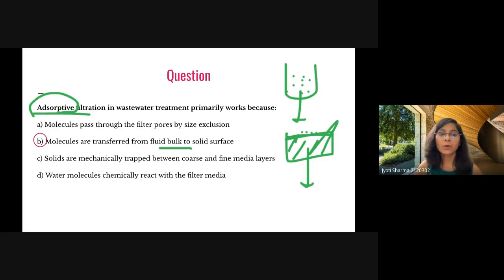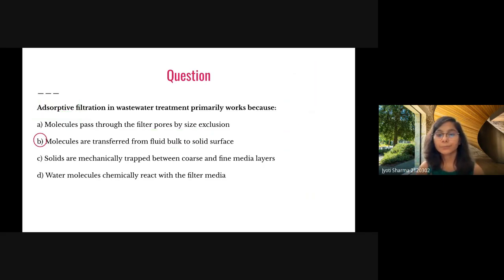So this is how this will work. Molecules pass through the filter pores by size exclusion. Obviously it will pass through, but the principle is that it has to attach to the solid surface, right? So this is how B will be the right answer.